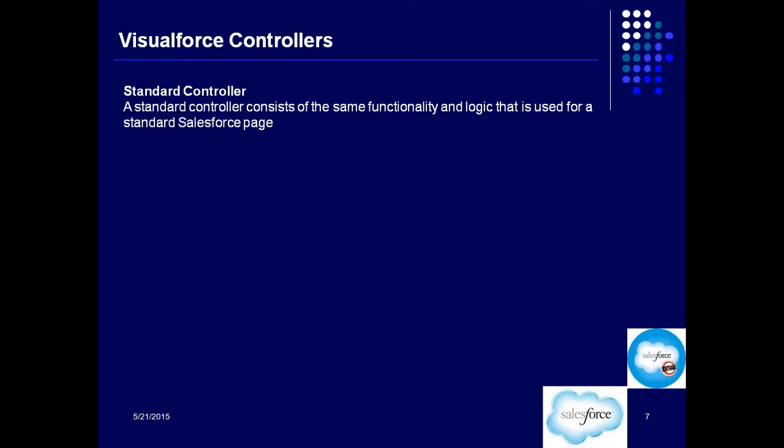We talked at the start of the session that when we log into Salesforce, we see the standard Salesforce user interfaces and pages, right? There has to be some code controlling the behavior of those pages. So the standard controller consists of the same functionality and logic that is used for a standard Salesforce page.